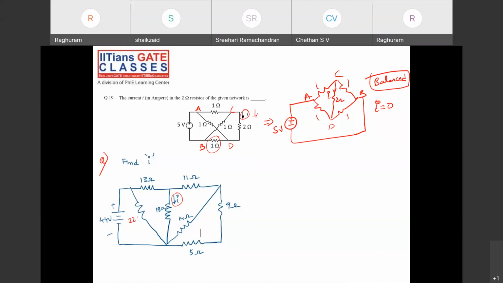This resistor is 22 ohms, okay? Resistor is 22 ohms. So Thevenin's equivalent, don't do all that. Try to find the current I in the circuit. That I is not 4 amperes, but still find the value of I.